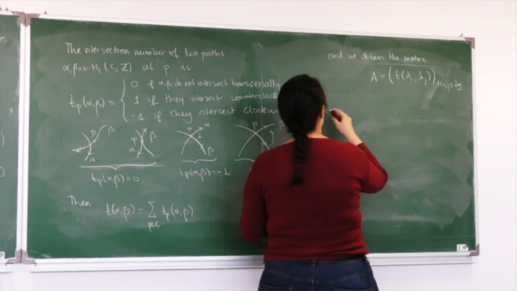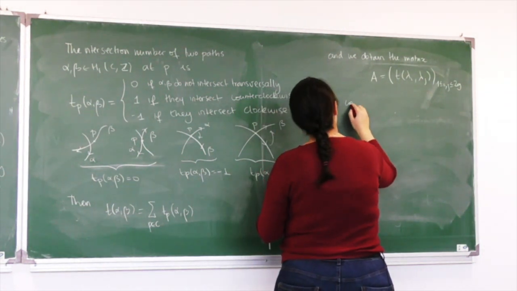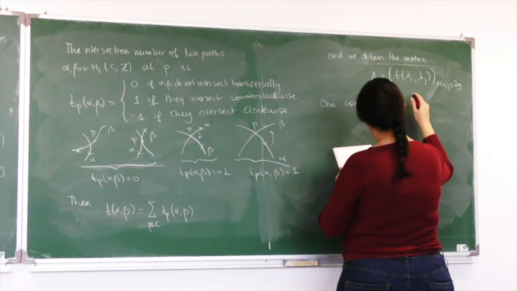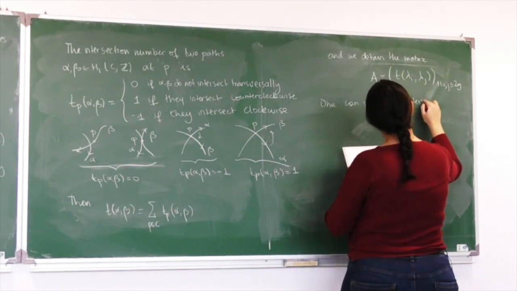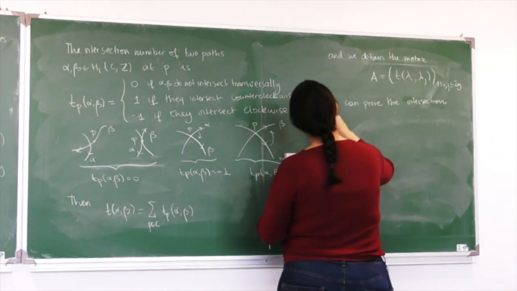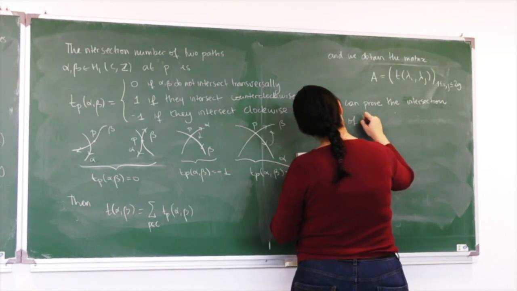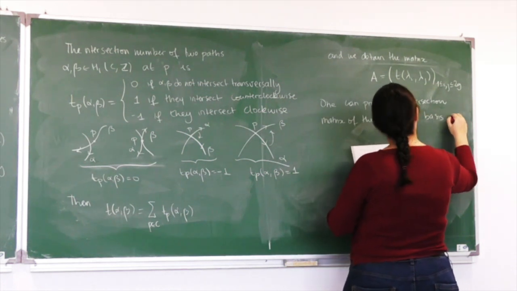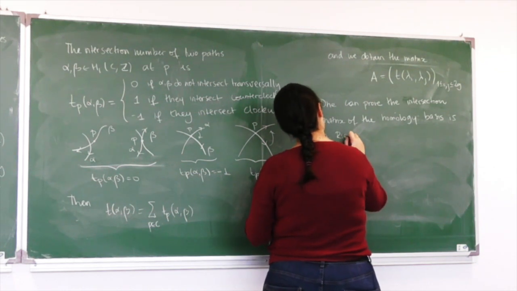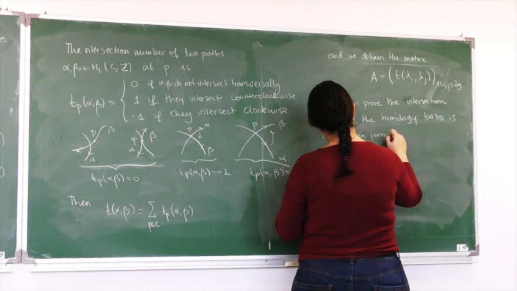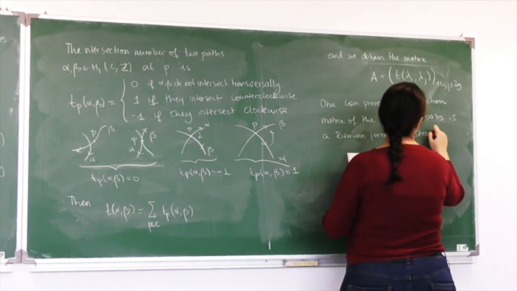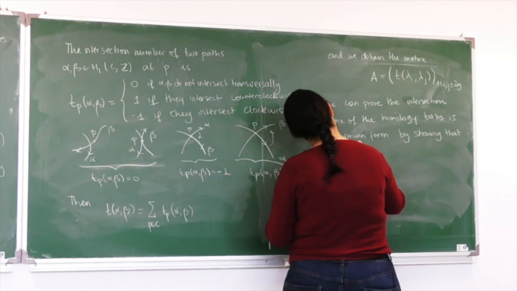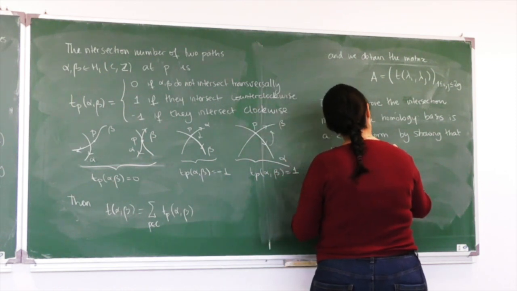And so I won't give the proof, but one can prove actually that the intersection matrix of the homology basis is the Riemann form by showing that it satisfies the Riemann conditions.